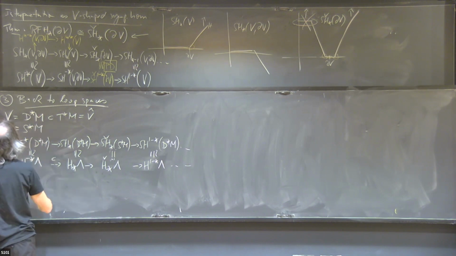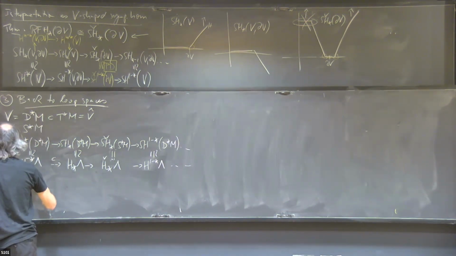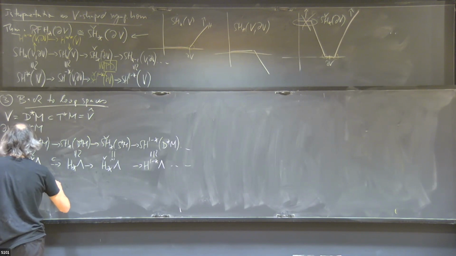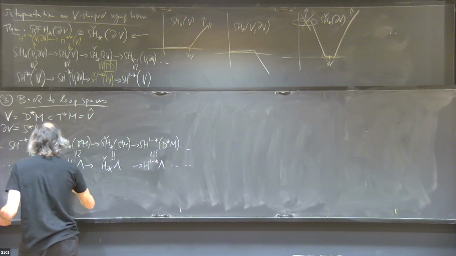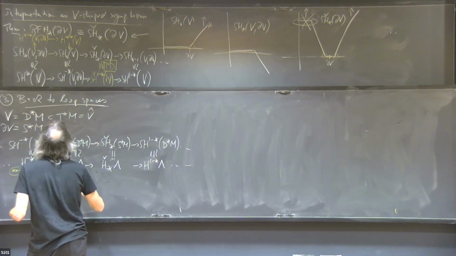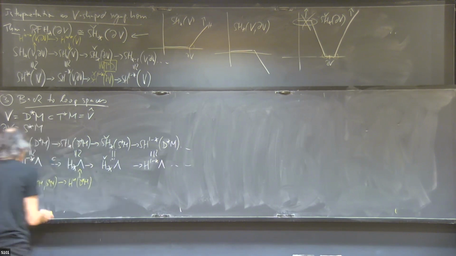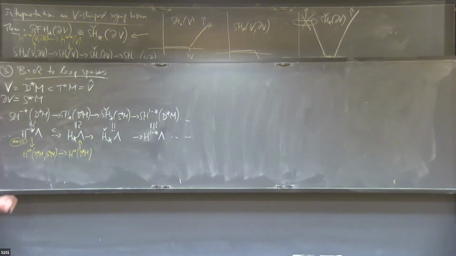Then here you get H upper n of V relative to the boundary. It's D star M relative to the sphere bundle. Now you remember your algebraic topology. So this is the Thom isomorphism.